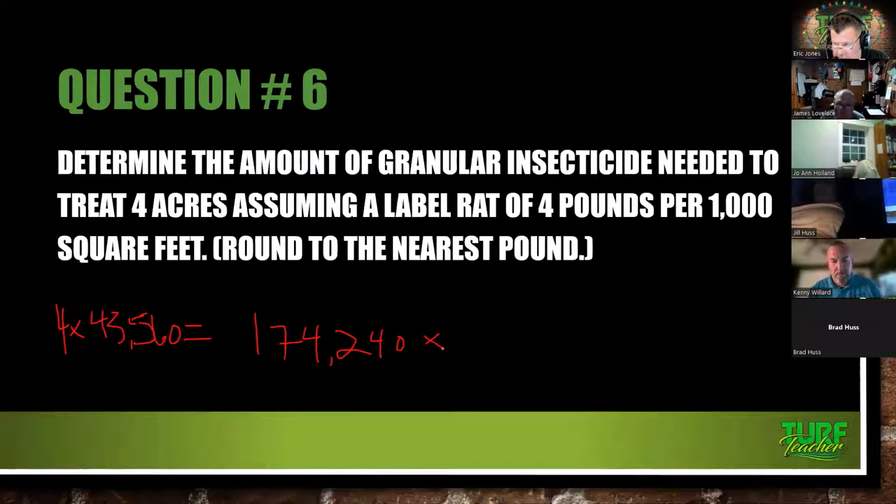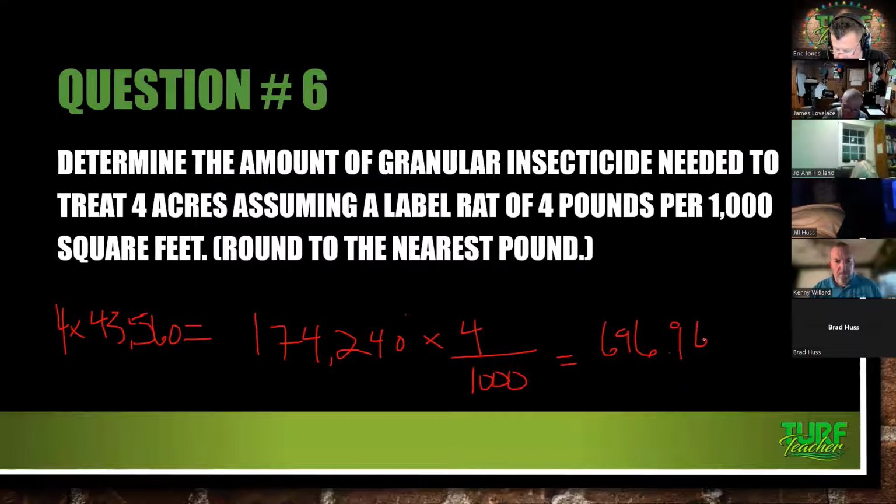Then we're putting out 4 pounds per 1,000, times 696.96.